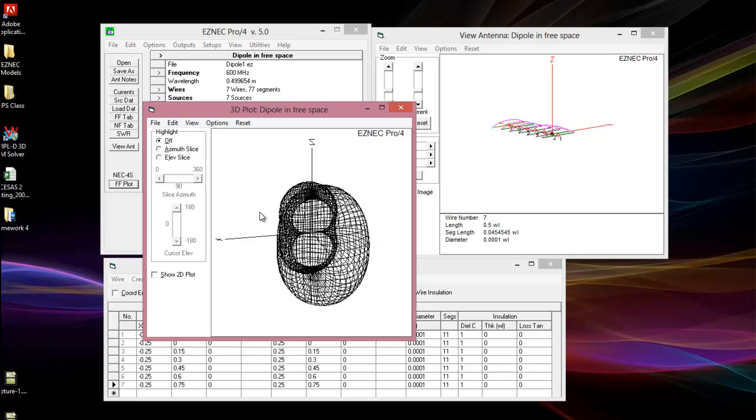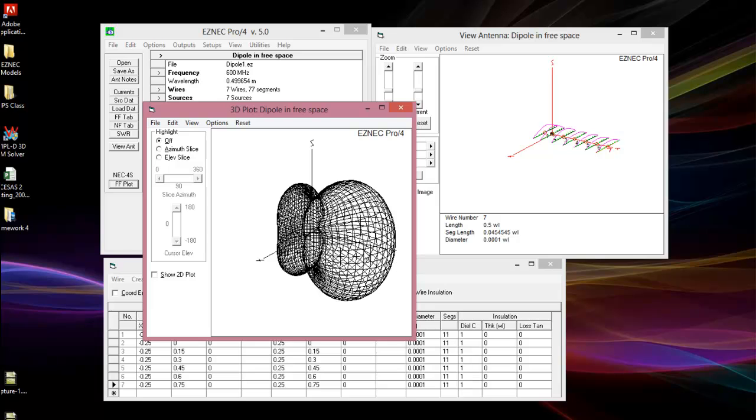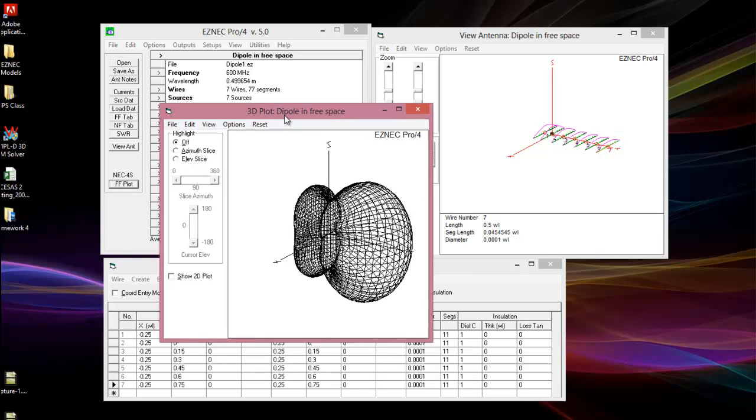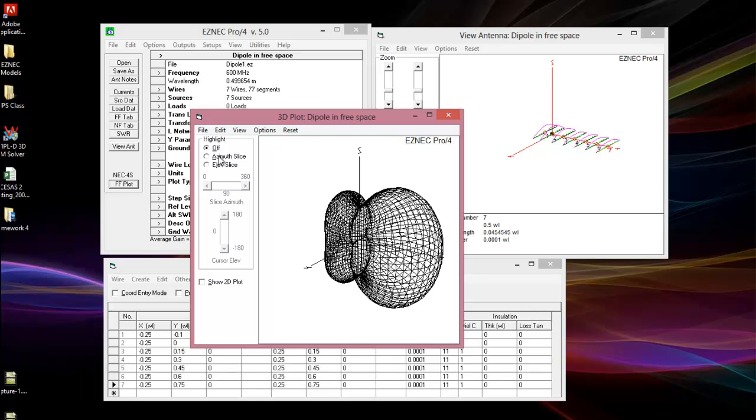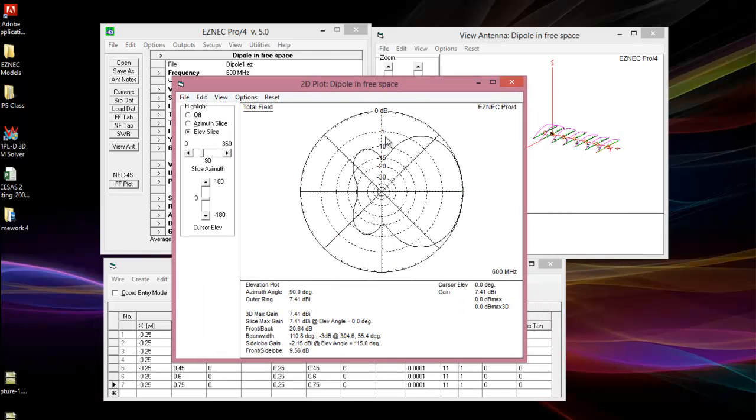You know, the pattern is at the maximum in the y positive direction. So we can actually look at the azimuth plane and the elevation plane and show it in 2D dB.